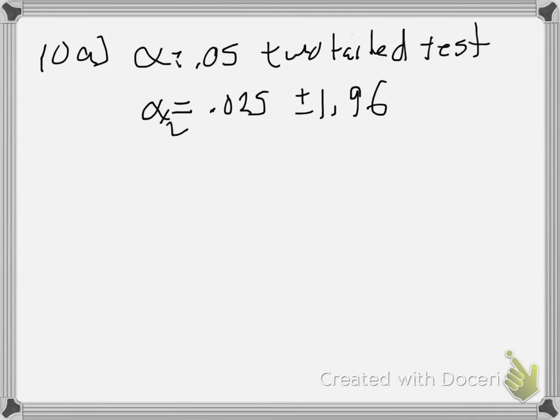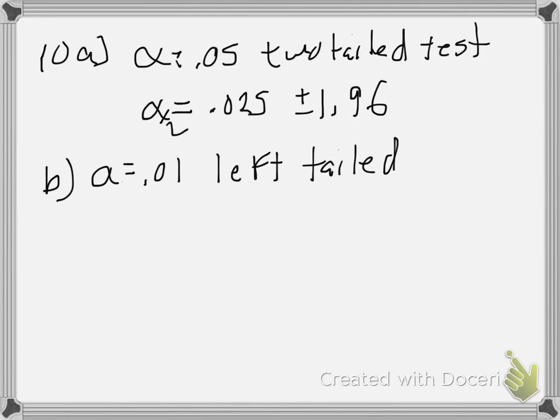And just to prove to you that you can use this table, here's B. Okay, alpha equals 0.01, and it is a left-tailed test. Okay, so guys, just a quick little sketch.